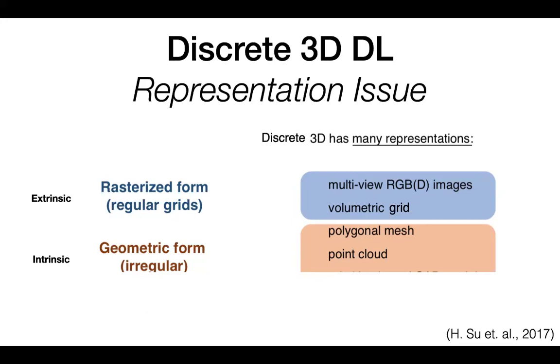And then we have the 3D version, like a 3D image, a volumetric grid. For this, we are going to use convolutional neural networks and things like that with some adaptations. And then the intrinsic are irregular data, and they are either point clouds, where we have just geometry, or polygonal meshes, so that we have the geometry and topology of surfaces.